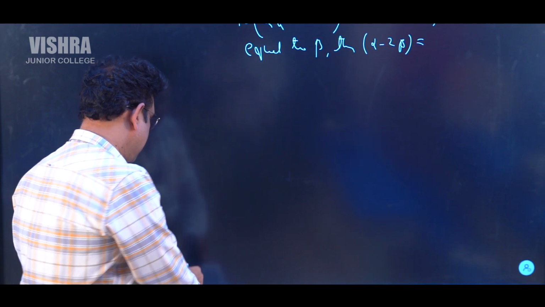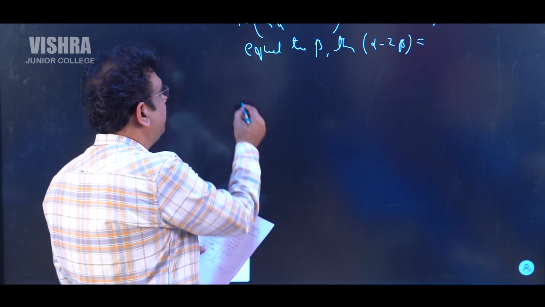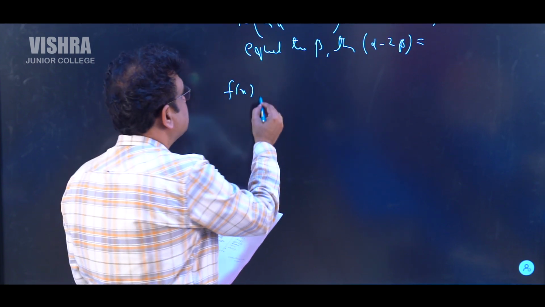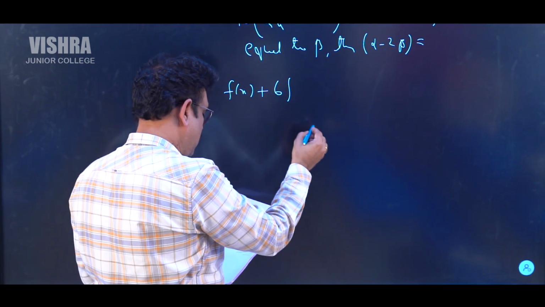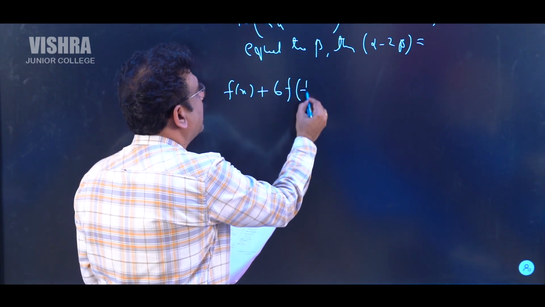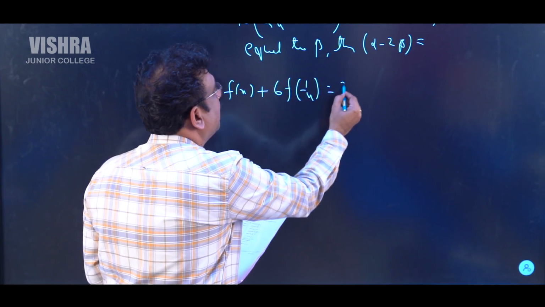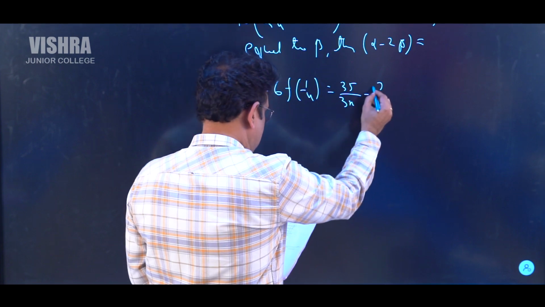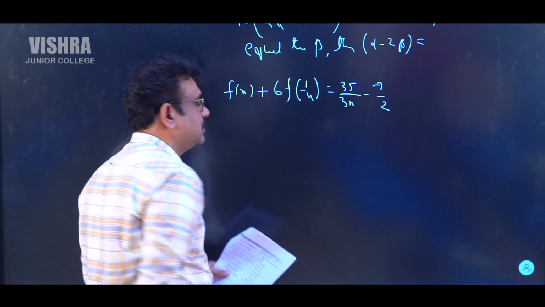So the first one is f of x plus 6 into f of 1 by x is equal to 35 by 3x minus 7 by 2.